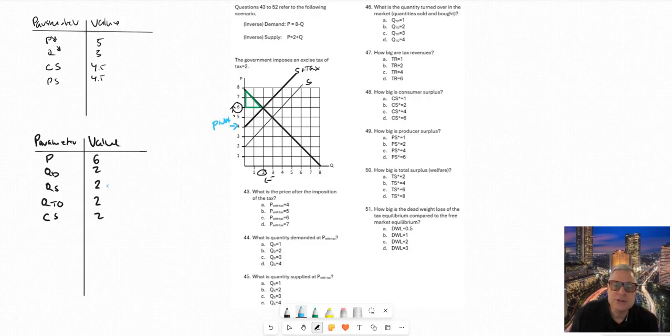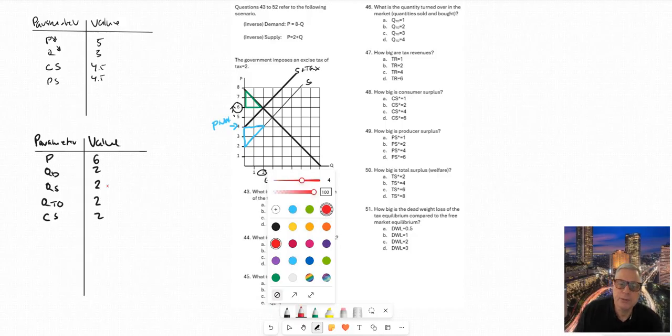Well, there is this distance here which is going to the government, so the actual producer surplus is only this triangle here, and this triangle is 2. And then we see that in between we still have this additional area, which is now the tax, because we turn over 2 units in the market, and each unit carries a tax of 2. So that area here is the total tax revenue of 4.